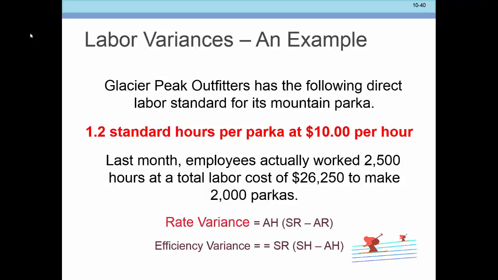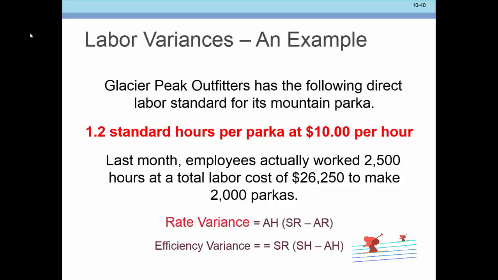Okay, so we've got labor now, and for labor, our price variance, we call it a rate variance. But it's like a price, right? But we don't say, hey, what price are you going to pay me per hour? When someone's going to hire you, you say, what rate are you going to pay me per hour, right?